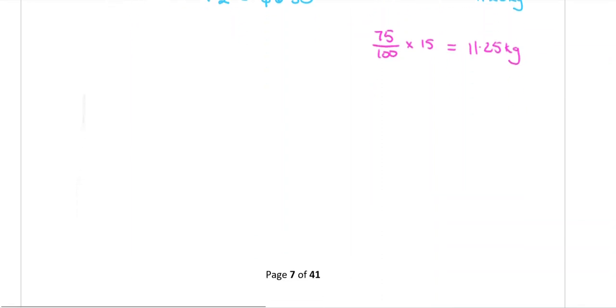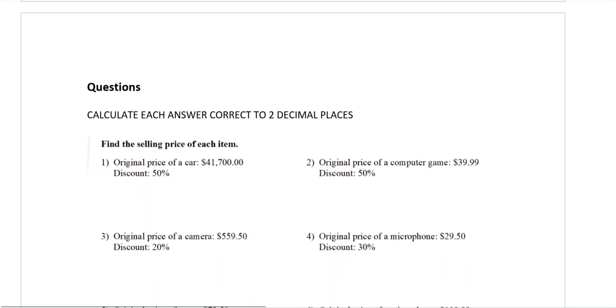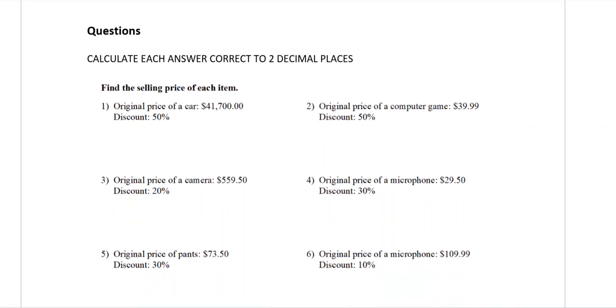All right, your work, you have those other ones to finish off as well, but then you also have these questions here on the next page. Now, before you get going on it, please notice that there's a little bit of a difference in the wording. So this one says, find the selling price if we have a car worth this, and we want a discount. A discount is another way of saying that I want to decrease, or you're going to be minusing it off.